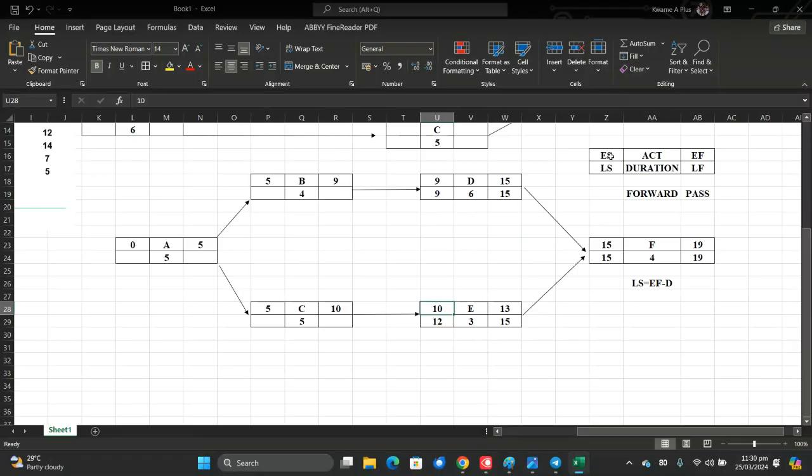So the earliest start right here becomes 10. 10 minus 5, here becomes 5. And here also becomes 9, because the earlier start is 9. So we have 9 right here.